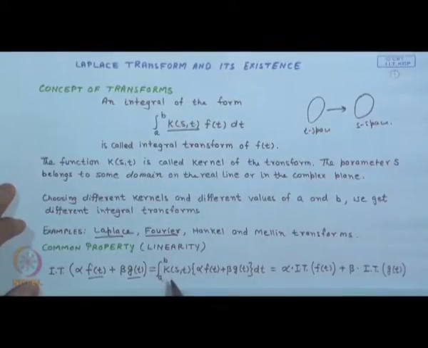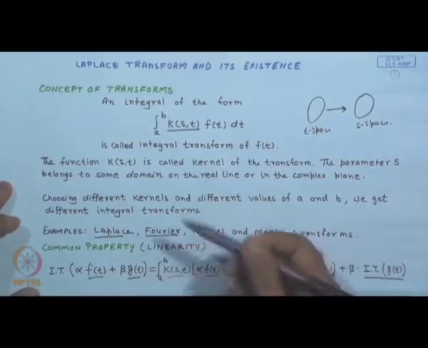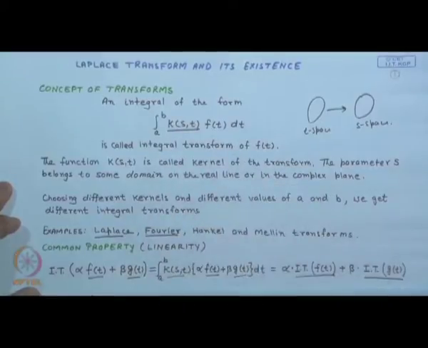So alpha times the integral from a to b of k(s,t) f(t) dt, which is again the integral transform of f(t). For the second integral we take beta out, and we have the integral from a to b of k(s,t) g(t) dt, which is the integral transform of g(t). So all these transforms, because of this integral, enjoy this linearity property. We will apply this today itself while discussing the particular case of the Laplace transform.